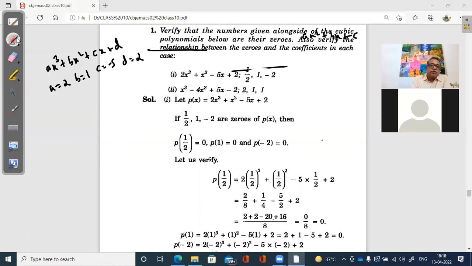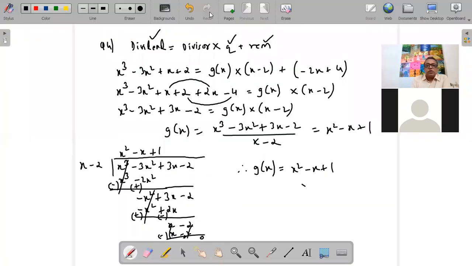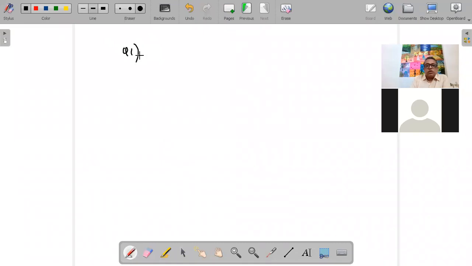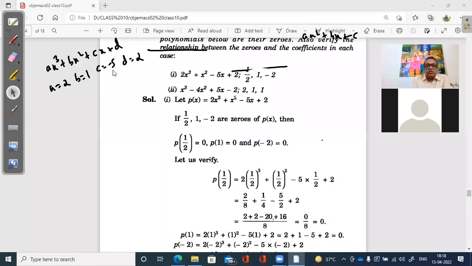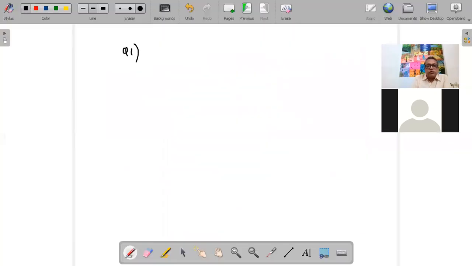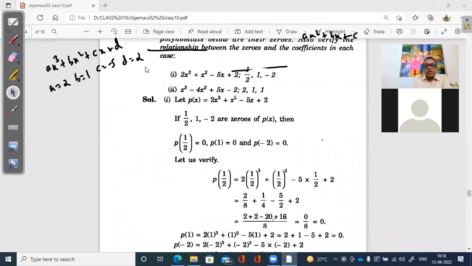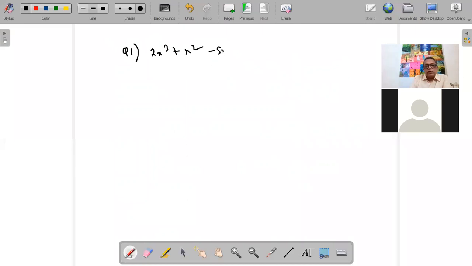What are we doing? We are putting the value here. I'm showing this 2x cube plus x square minus 5x plus 2. And we are given three values here, half, 1 and -2. We have to first verify that these are zeros.